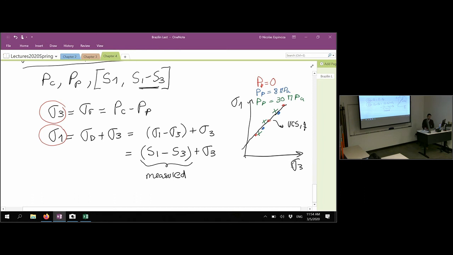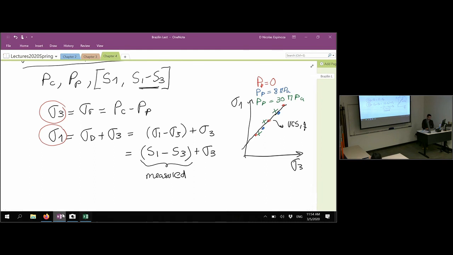And that's very important because that means that rocks do not care that much about the value of the total stress. What they care about, and what they fail as a function of, is the effective stress.